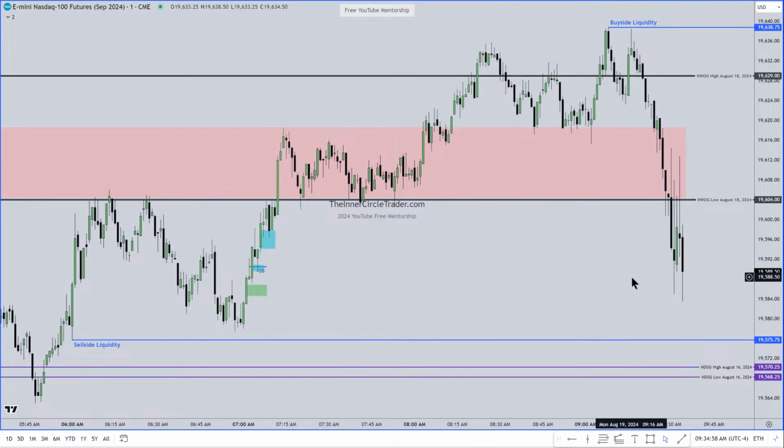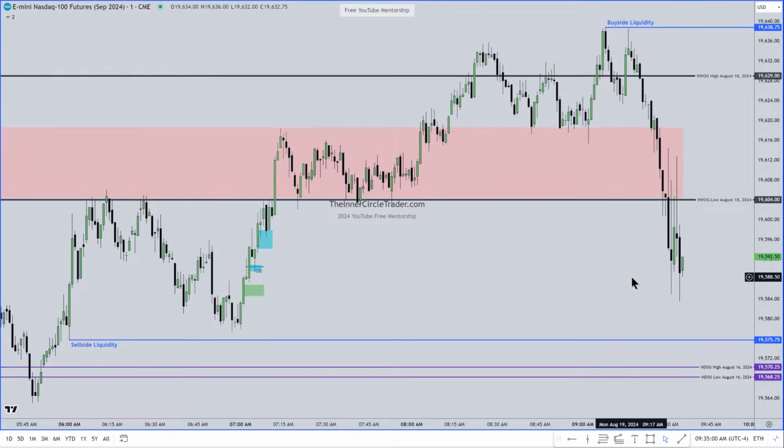So that means I'm kind of forecasting some idea technically that would potentially form, say, a very small short-term breaker, a shift in market structure, some kind of a fair value gap to come back in, tap into.